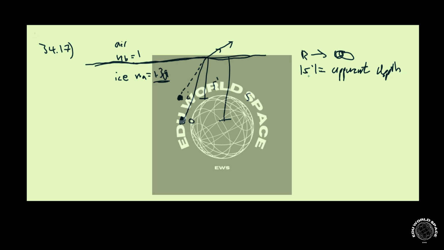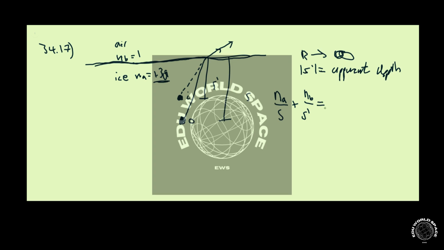Now we need to figure out how to relate these together, and we can use our lens equation with indexes of refraction, and that's going to be given as the first index of refraction over the object distance plus the second over the image distance, which I'm going to call S prime.